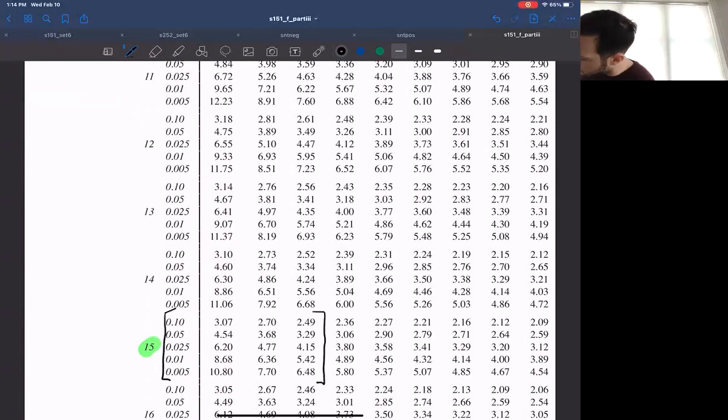Okay, so we can see that our test statistic is larger than the largest listed value. All right. So therefore, the area to the right of the test statistic is going to be smaller than the smallest listed value, which is 0.005.